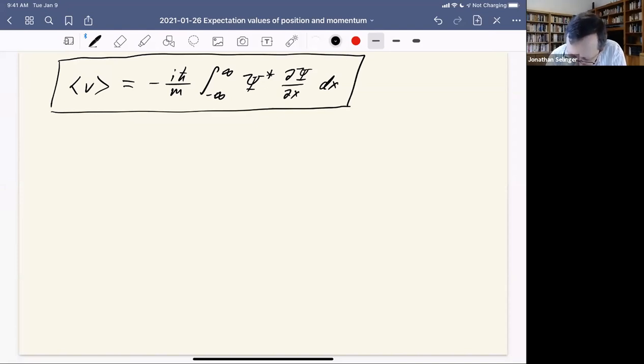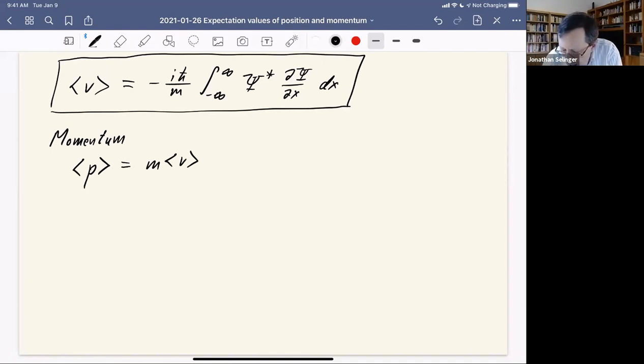So let's think about the momentum instead. The average momentum should be the mass times the average velocity.